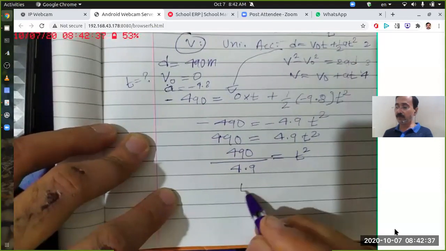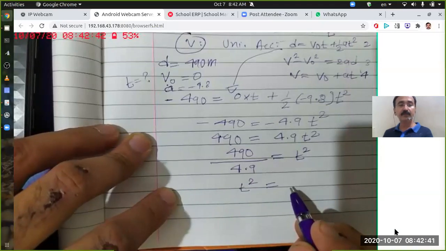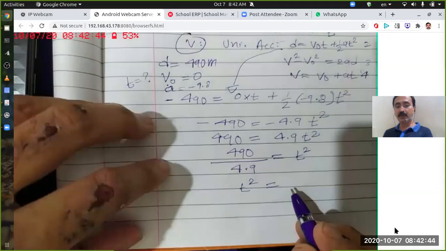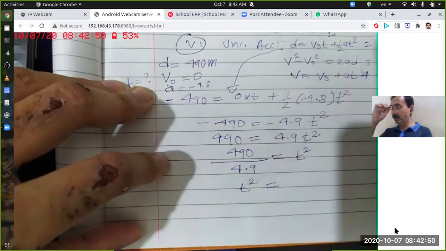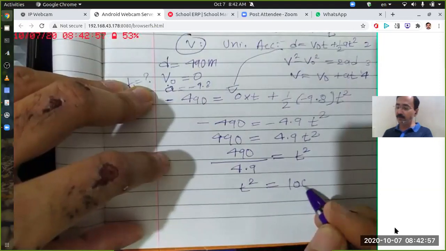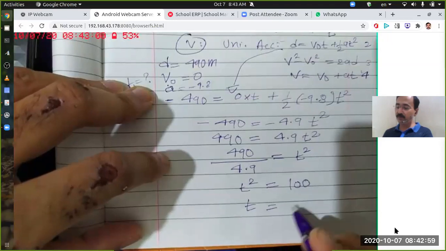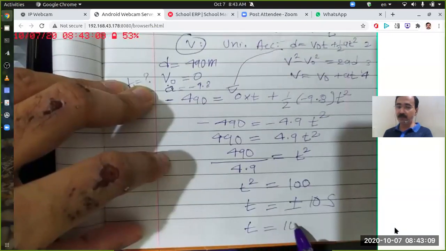So t square equal to what shall come? T square equal to 100. So t equal to plus or minus 10, but negative time is not possible. So acceptable time is 10 seconds.